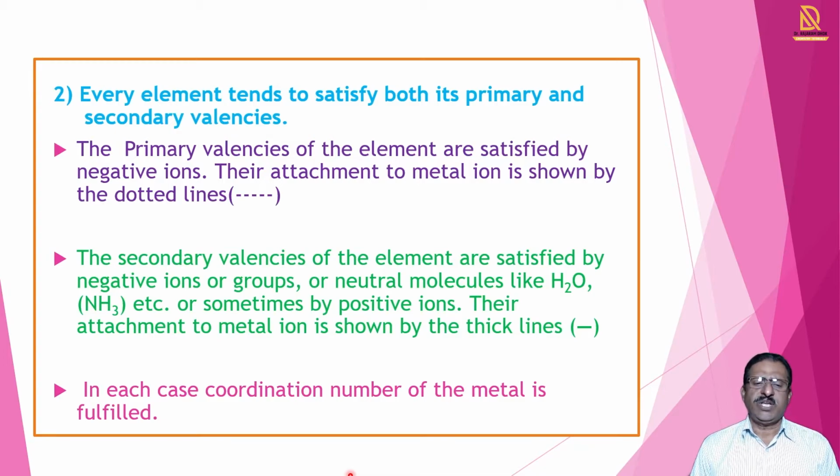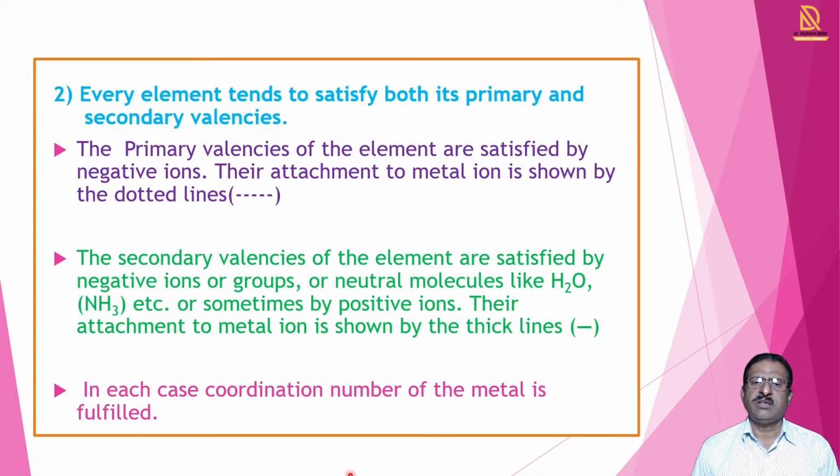Take the example of Fe plus 3. The metal is present, and that metal is attached with some other ions which are negatively charged and carry a minus 3 charge.